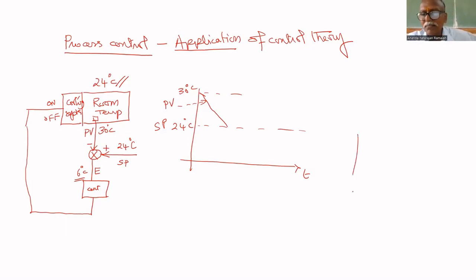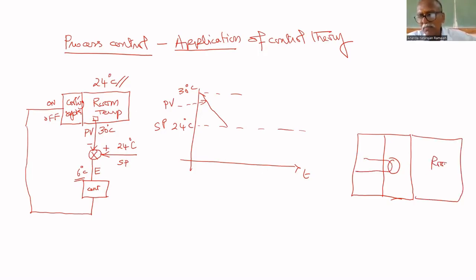Here is the cooling system, let us assume. Some element is there. Let it be; that is a mechanical system, we need not bother about it. This is cooled down by some circulating system. The room is here.